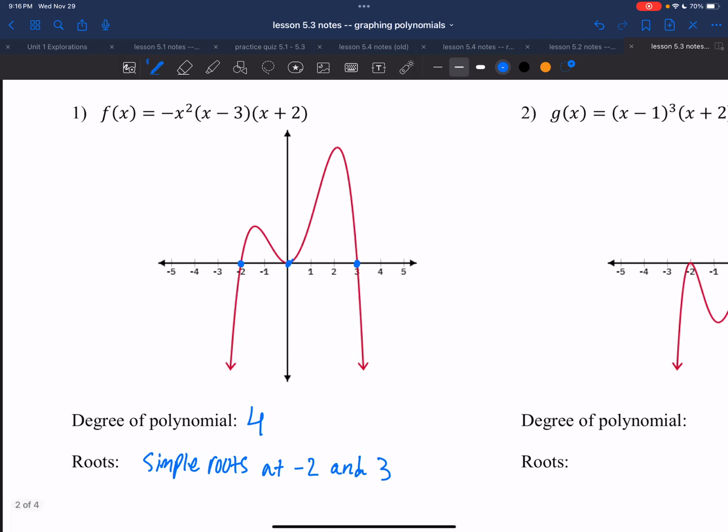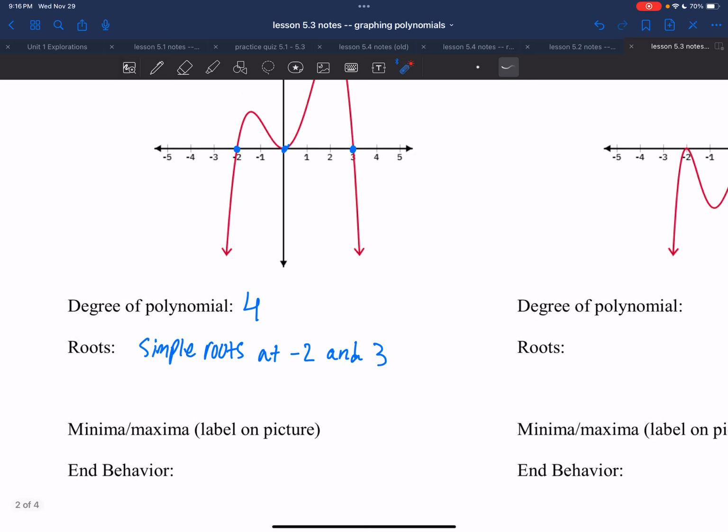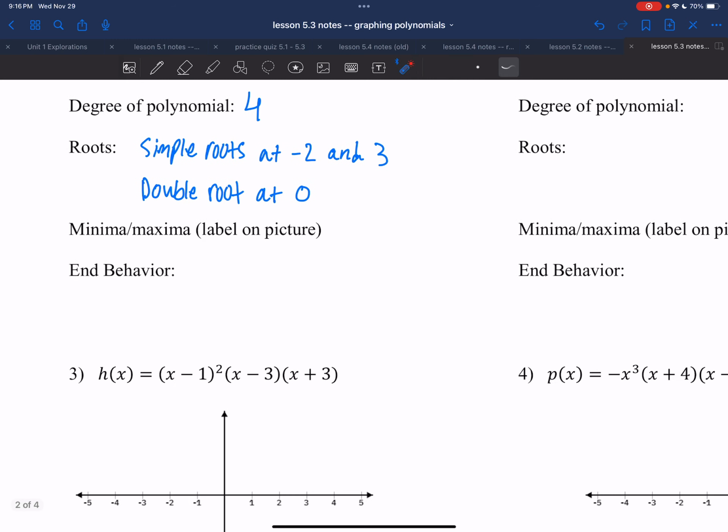And I know this, again, because of the behavior here, as well as the multiplicity up here, right? And then I have a double root, or you could say a root of multiplicity 2 at 0, because it's bouncing off right there. And x squared tells you it's a double root.